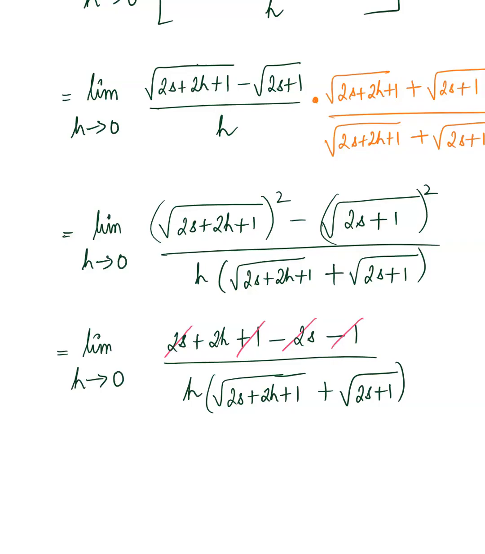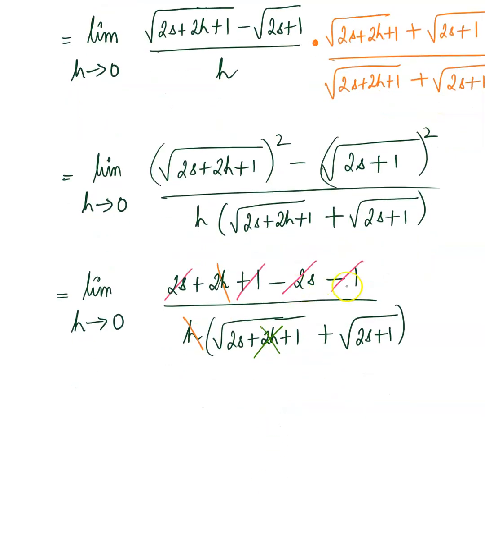Okay. Let me try this color. So h and h will go away. You're now in the third step. Now you're left with 2 on the top over this whole thing in the bottom without the h, right? And so we also know that in our fourth step, we will substitute h as 0, okay? So this term will go away, the green term.